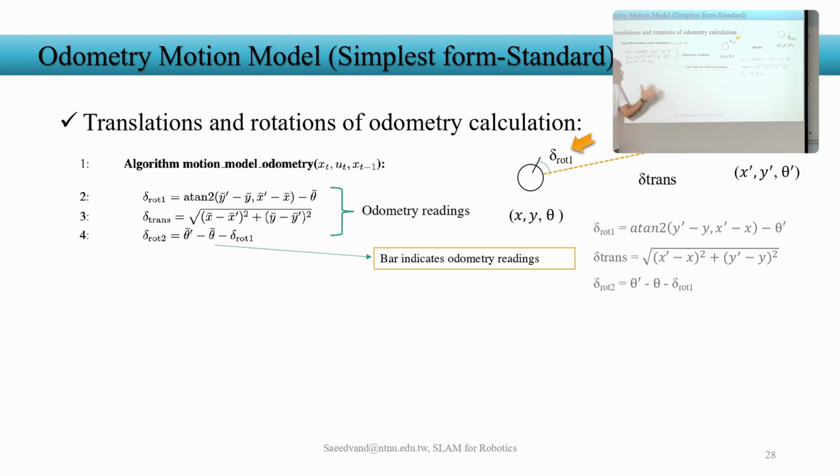It means that based on the parameters that my robot has as odometry reading, like the robot rotates, moves, and rotates in the environment, then my sensors read some values. Those values are shown with these hats, like y prime hat, x hat. So these x's are the initial pose. Then the robot moves, then we have the prime ones, and theta prime also indicates the amount of rotation in the environment.